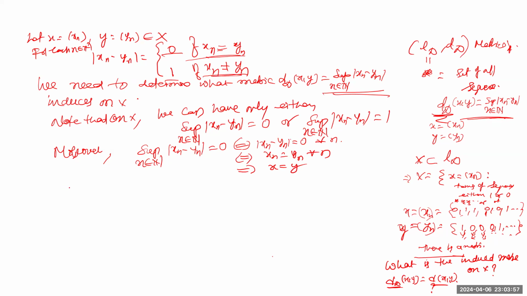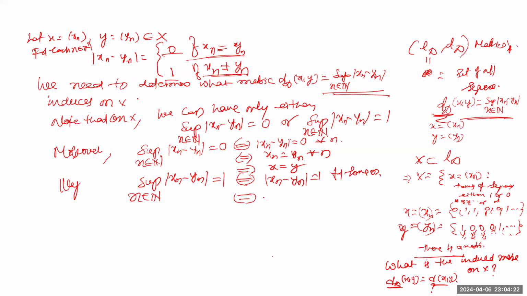And similarly, the supremum is equal to 1 if and only if mod x_n minus y_n is equal to 1 for some n, that is, x_n is not equal to y_n for at least some n. So that implies our sequence x is not equal to y.